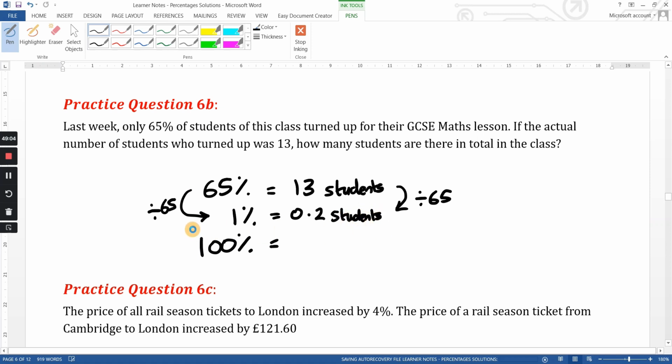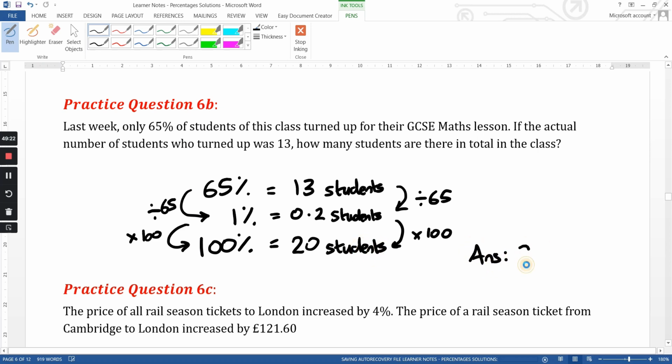Okay, seems a bit weird, but then obviously we're going to times by 100 because we want 100%, and we get 20. Exactly 20 students. Yep, that's my answer. 20 students.